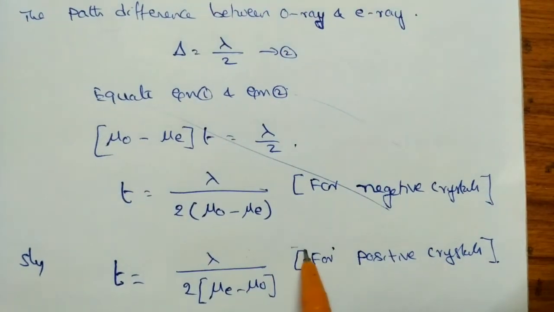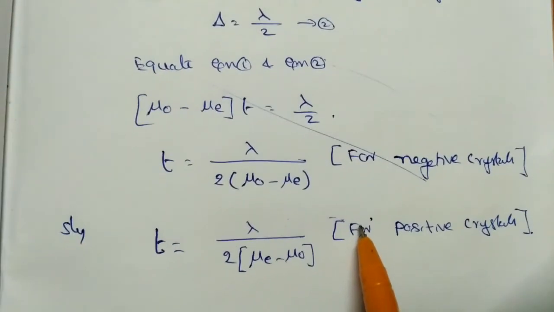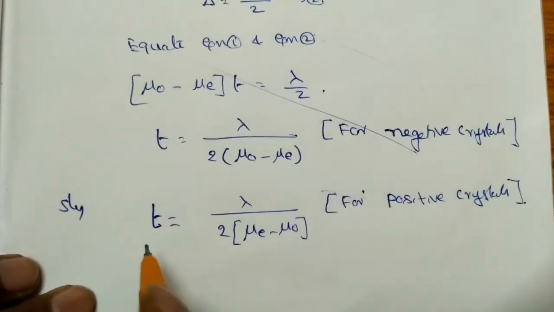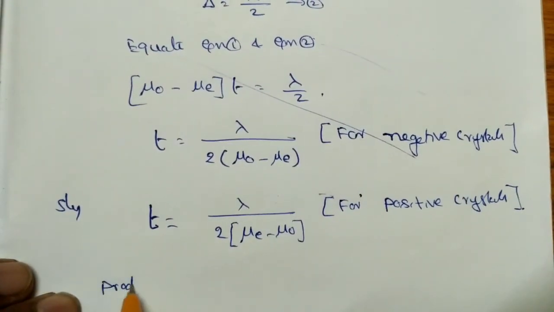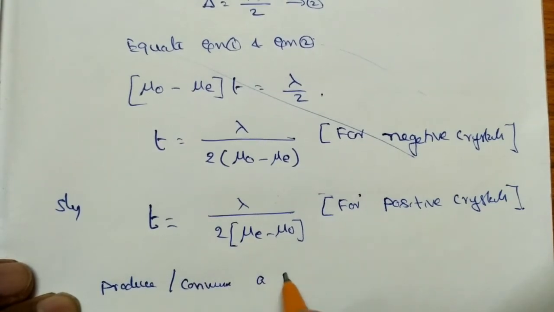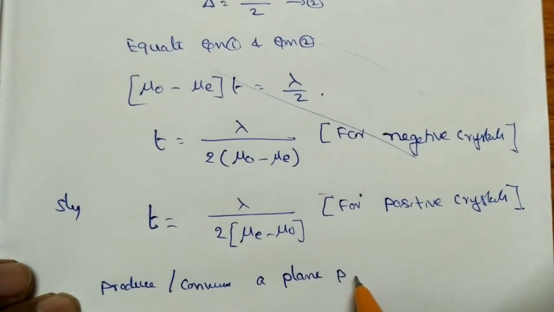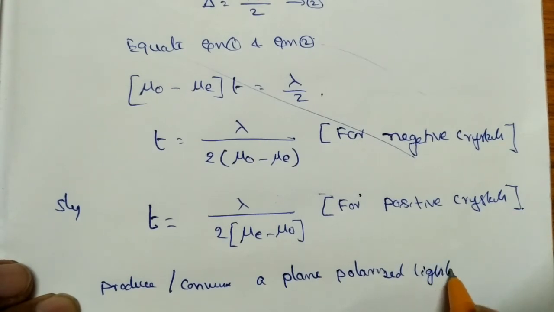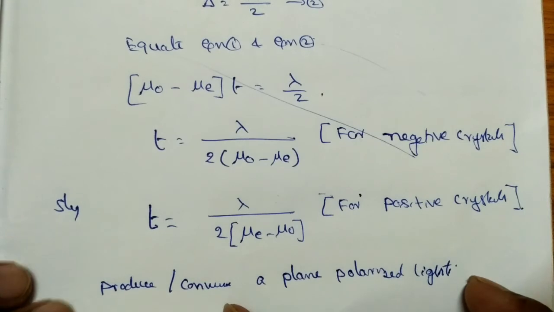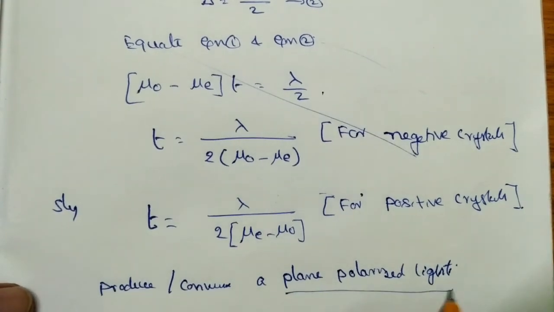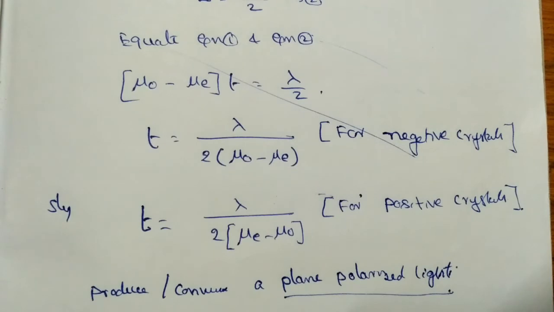Okay, these half wave plates are used to convert a given polarized light into plane polarized light. That means the output of this half wave plate will be plane polarized light. The output of a quarter wave plate will be either circular or elliptical polarized light.